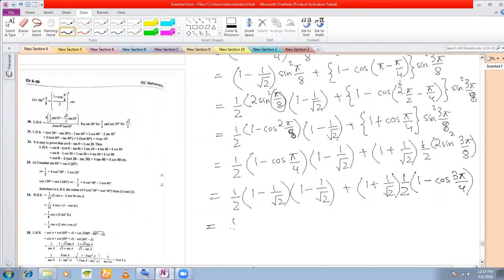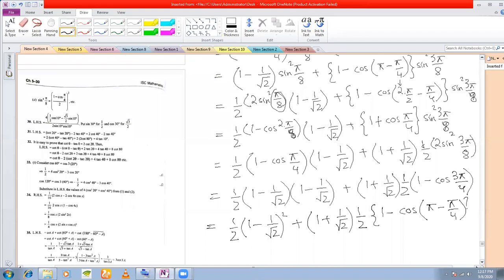So this is half of 1 minus 1 by root 2 whole square plus 1 plus 1 by root 2 into half of, how much is cos 3 pi by 4? How do you calculate this? 3 pi by 4 is an obtuse angle. You can write it in terms of an acute angle as pi minus pi by 4.